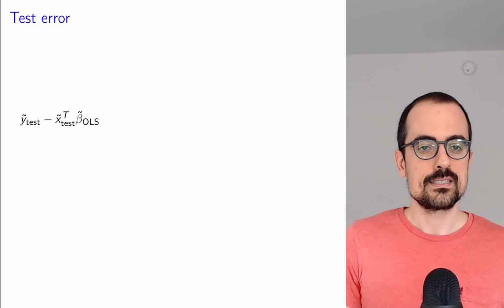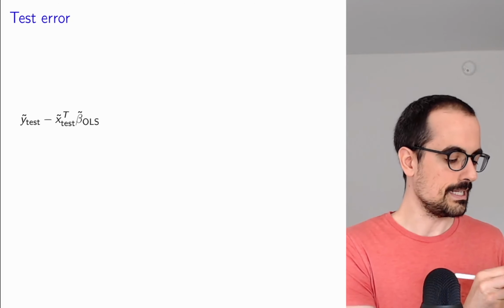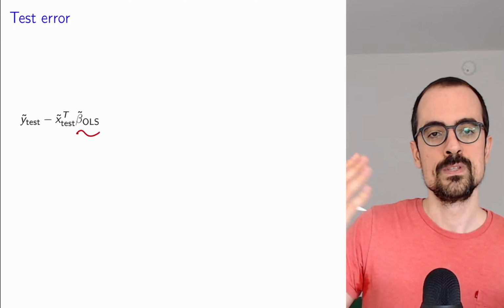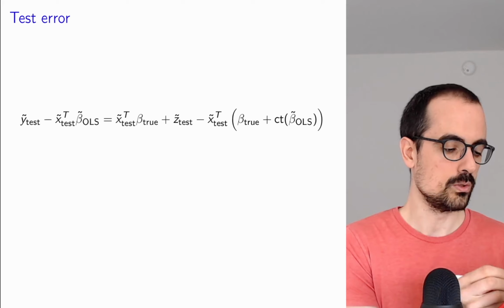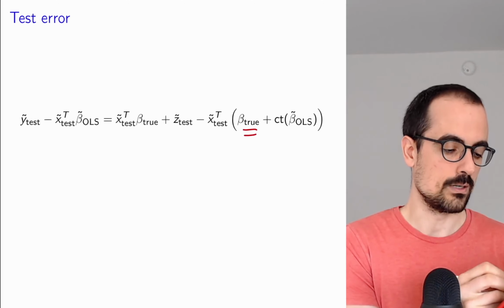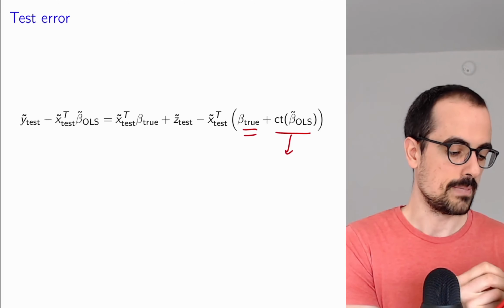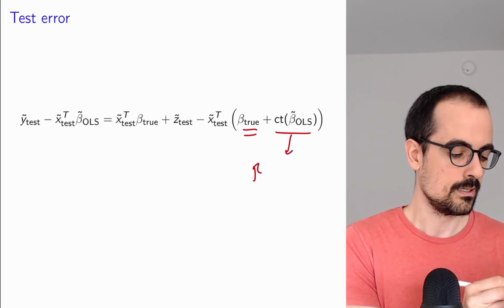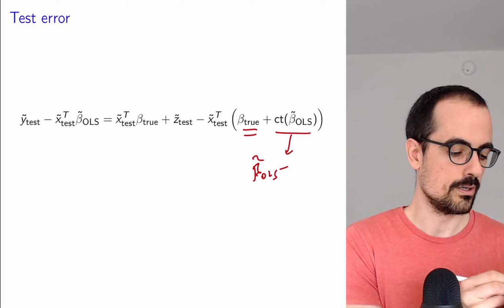Okay, so this is the test error. We know that the OLS coefficients can be decomposed into their mean, which is equal to the true coefficients, and whatever is left, which by definition is just the OLS coefficients minus their mean.